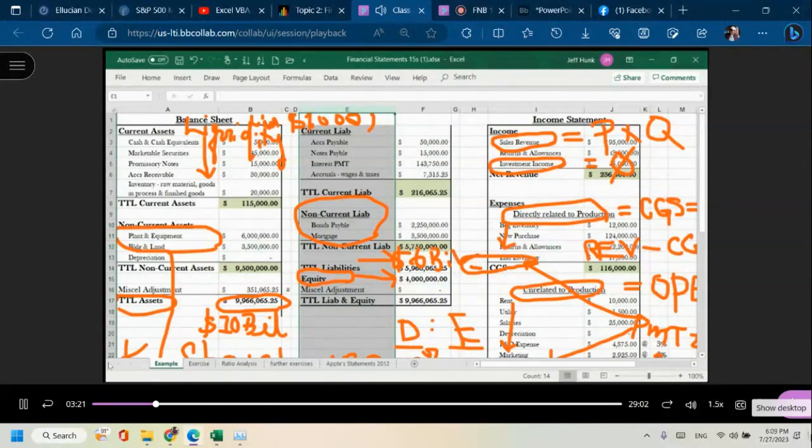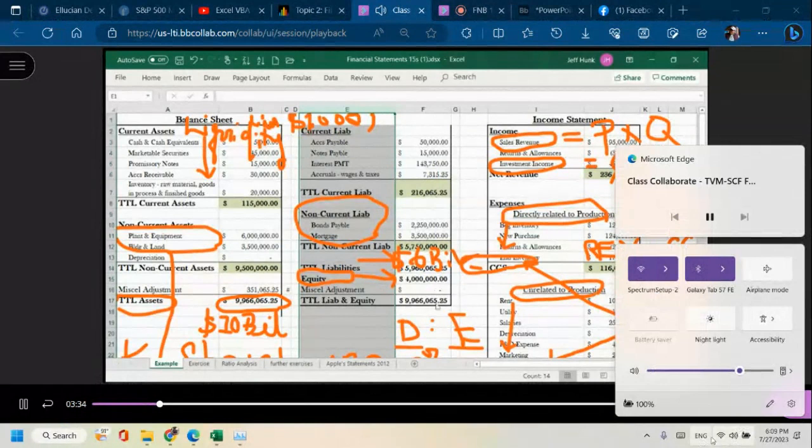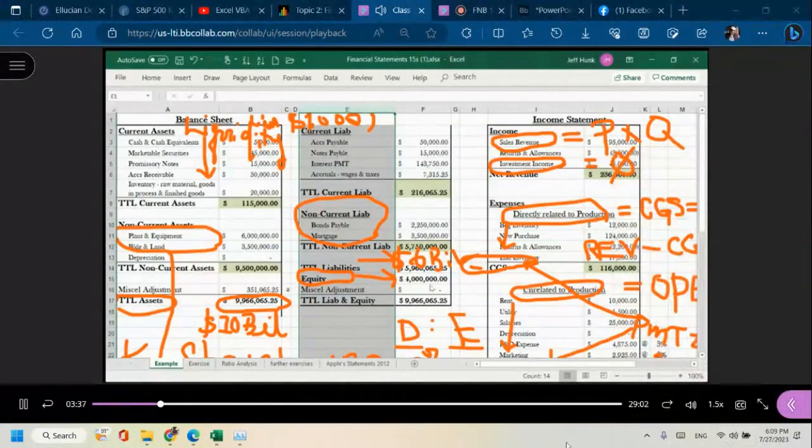So that's the definition of capital structure. Basically, this capital of $10 billion was raised through debt and equity, and is held in the form of physical assets, plant and equipment, land and building, and also in the form of current assets.